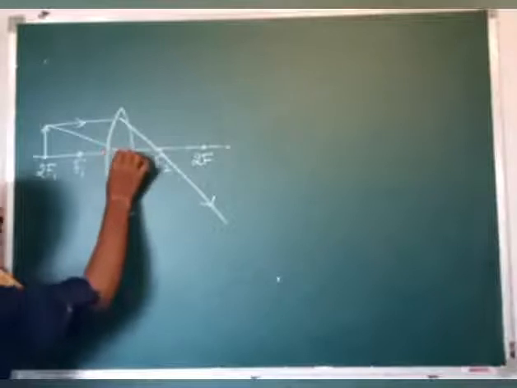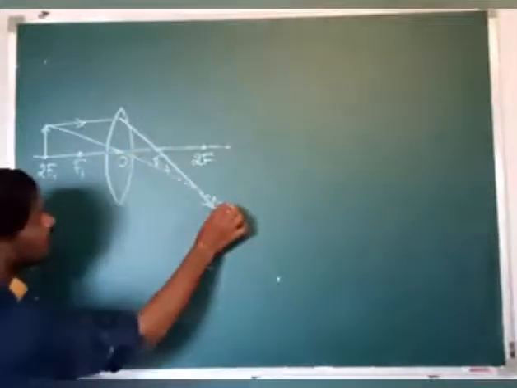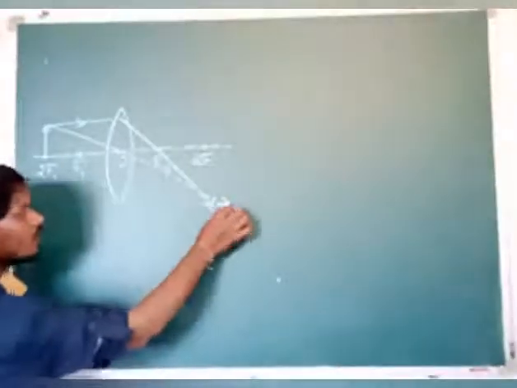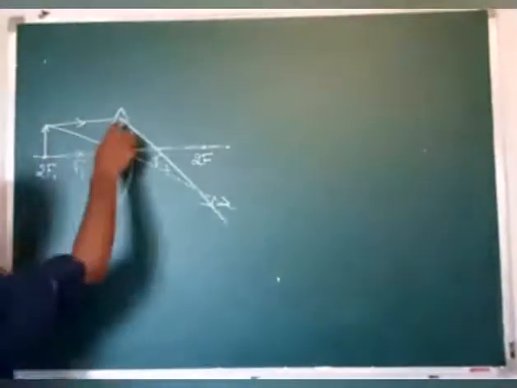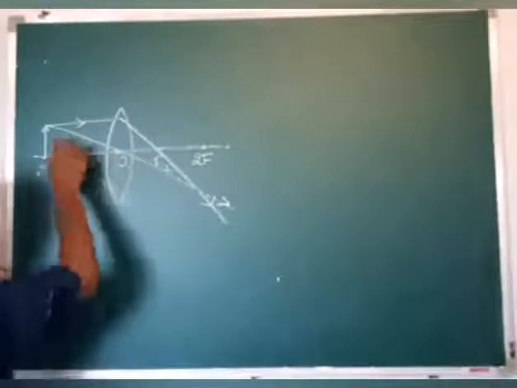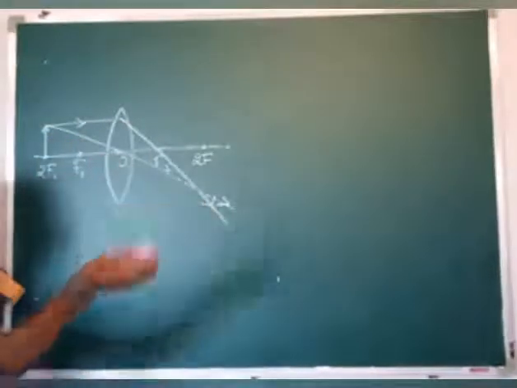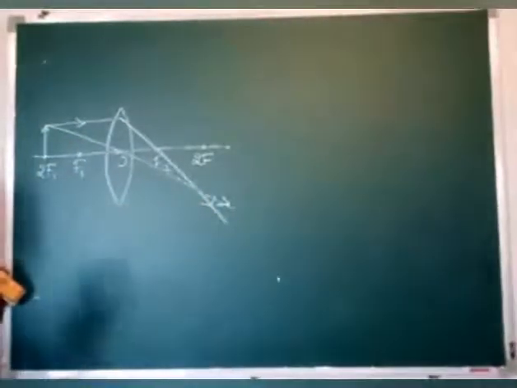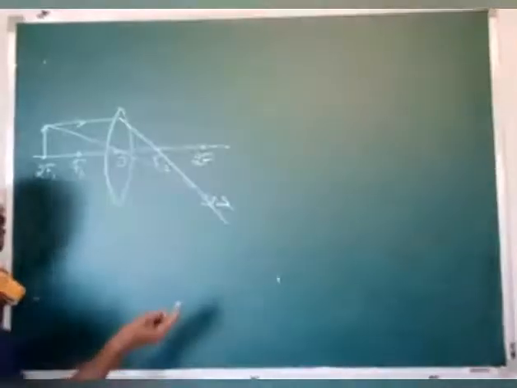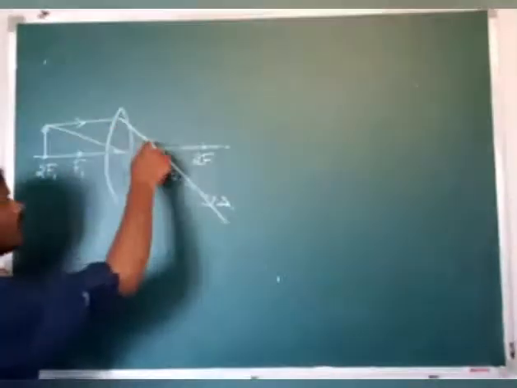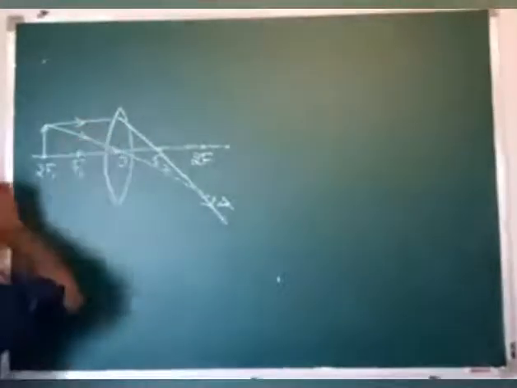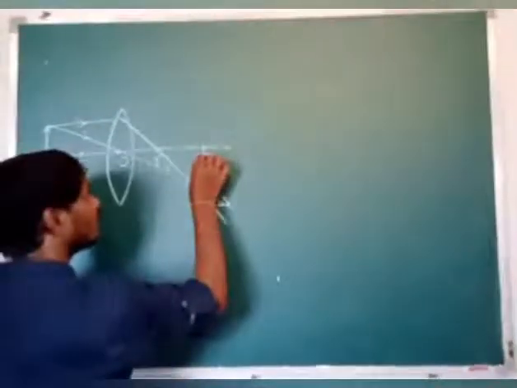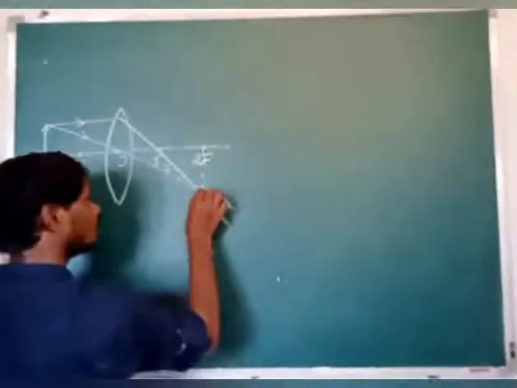To find the location of the image, we must use at least two rays. If the incident ray is parallel to the principal axis, after refraction the refracted ray passes through the second principal focus here. Then the image is formed at again 2F.